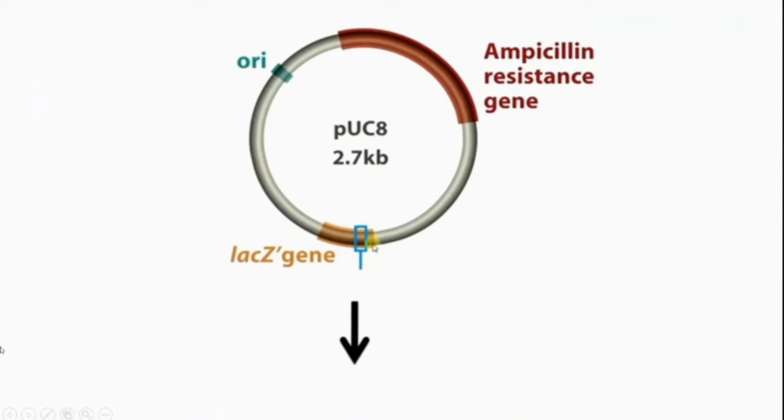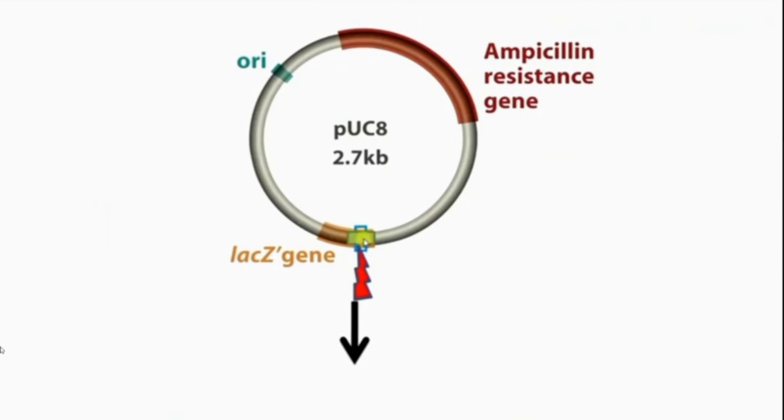There are three regions in our selected plasmid vector: E. coli ori, then two selectable markers. One is the ampicillin resistance gene and the other is the lacZ gene with a unique restriction site for inserting our gene of interest. Under normal conditions, this lacZ gene forms the enzyme beta galactosidase, but when we insert our gene of interest, it is not the case.